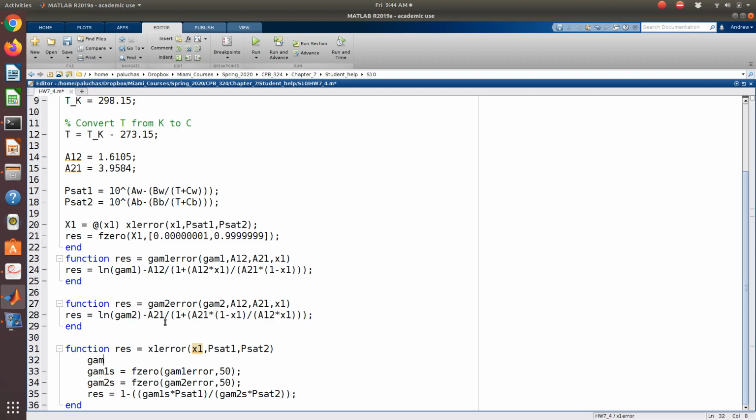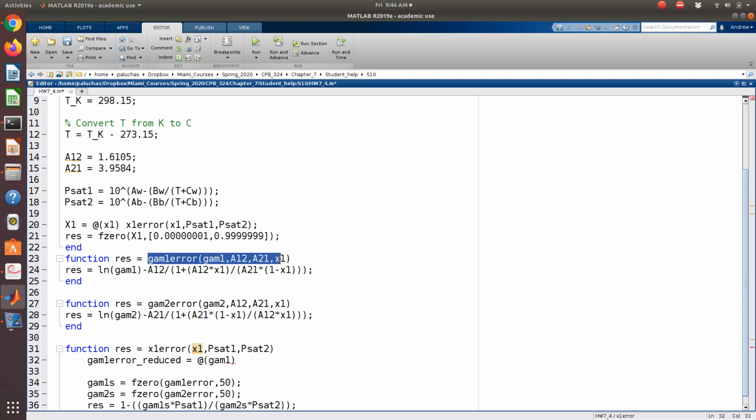So I'm going to create a gam1 error reduced. Now this error function, the only input I want it to have is going to be gam1, what I'm trying to solve for. And so what I'm going to do is with that value of gam1, I want to call gam1 error with that value of gam1.